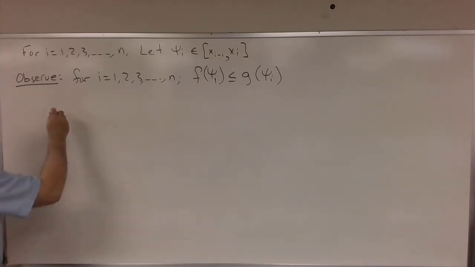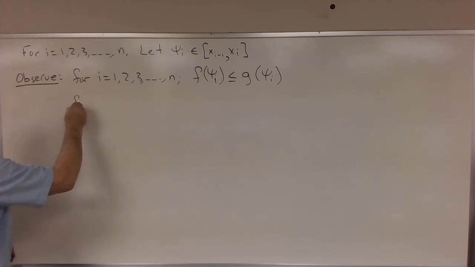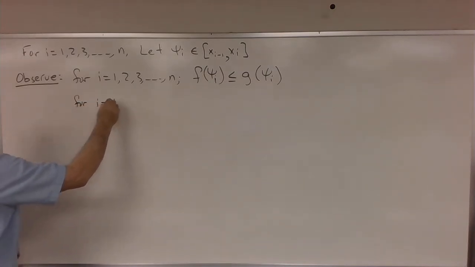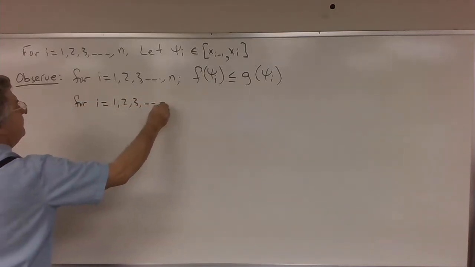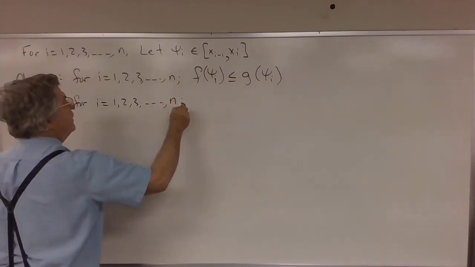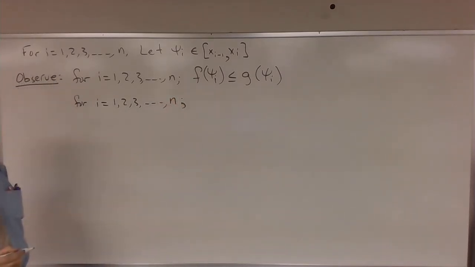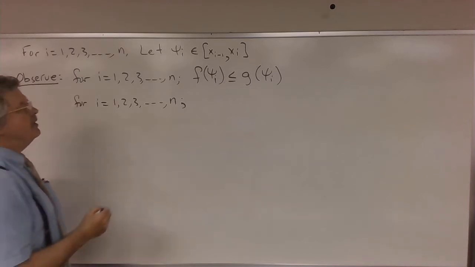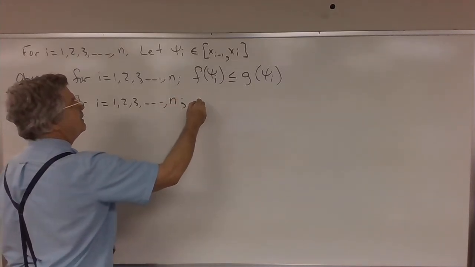Our hypothesis is that g of x is greater than or equal to f of x for all x in the interval ab. So what I'm going to do now is prepare to construct my Riemann sums. I'll multiply both sides here by delta x.